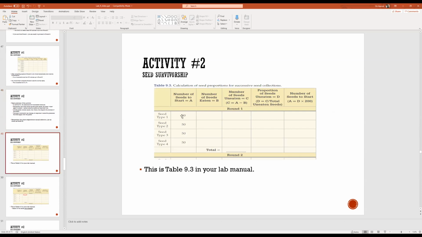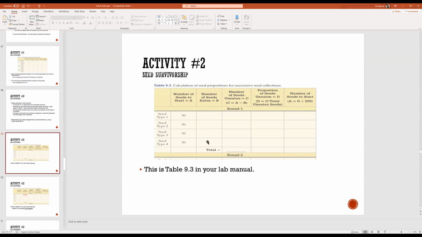So here, we started off with 50 seeds for our seed type 1, 2, 3, and 4. And then you write in the second column how many of seed type 1 were eaten, seed type 2, seed type 3, and seed type 4.